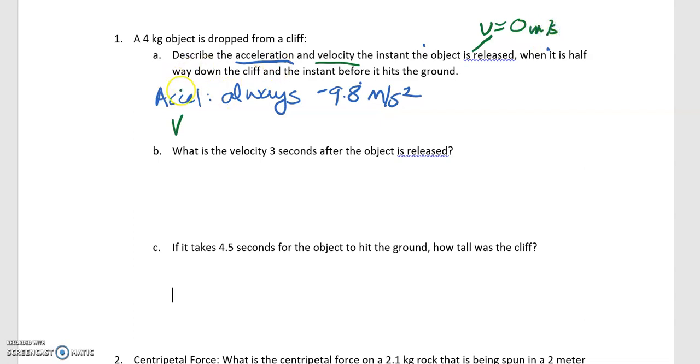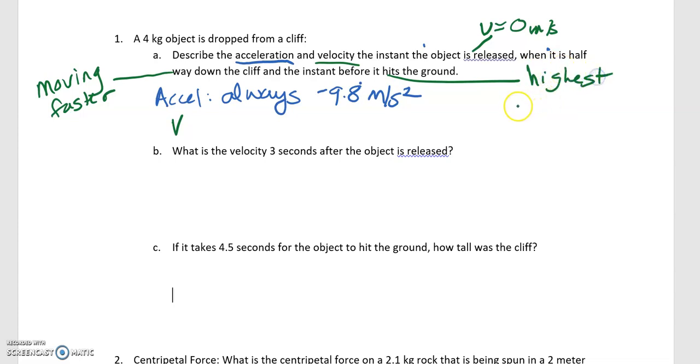When it's halfway down the cliff, we don't necessarily need to do any calculations, but we're going to just say that the object would be moving faster. Okay, and then the instant before it hits the ground, it's going to be at its highest speed possible.